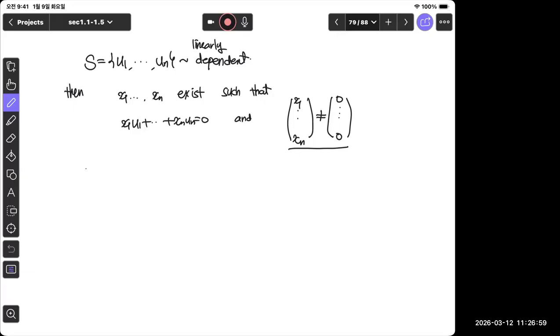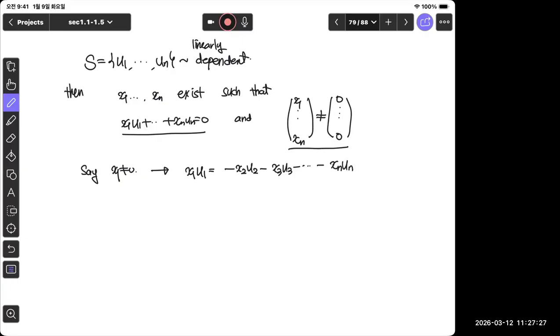So say x1 is not 0. Then this linear dependence equation tells you that x1 u1 will be, if I move all the other terms to the right hand side, negative x2 u2, negative x3 u3, negative xn un.